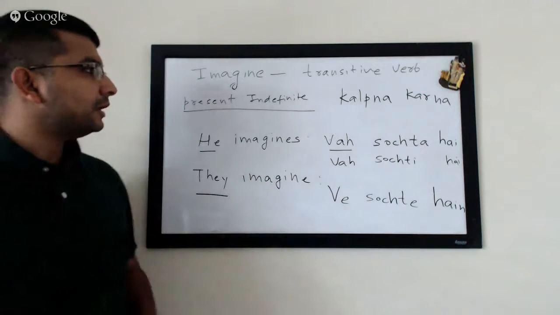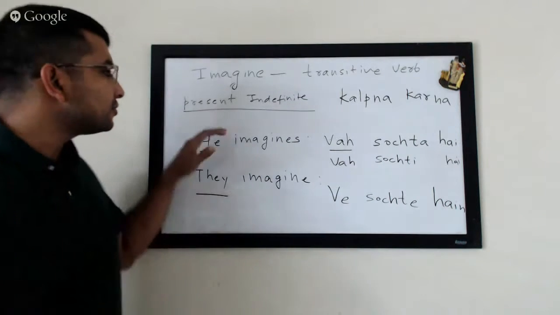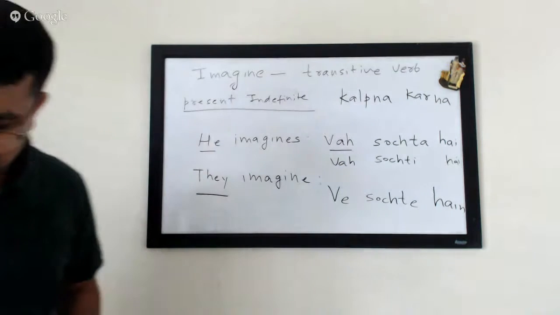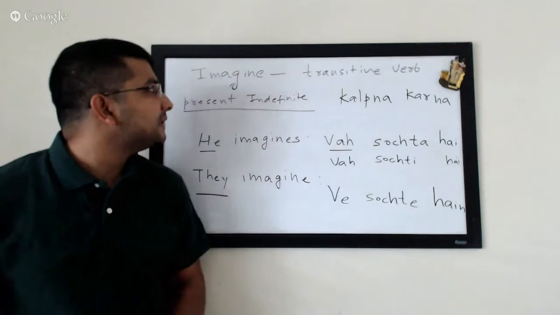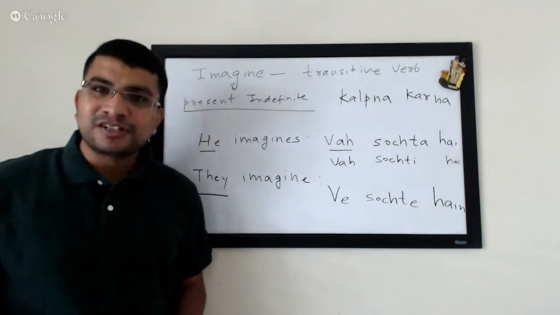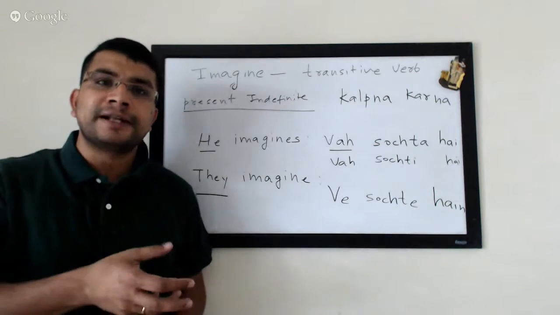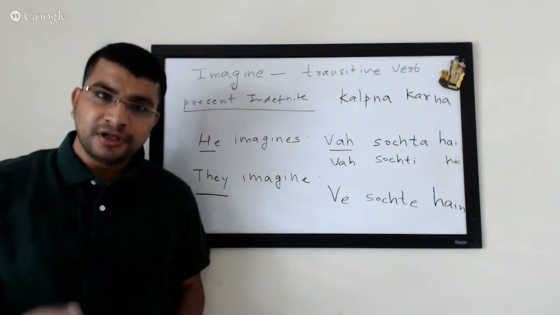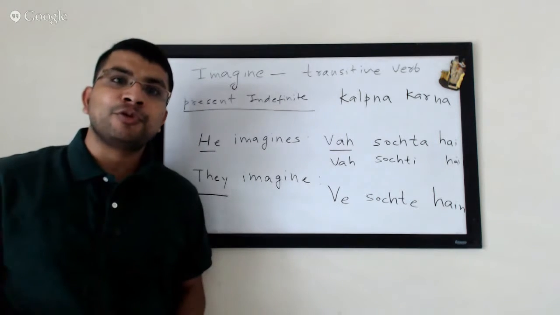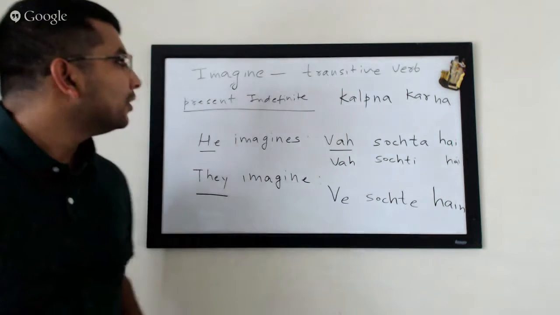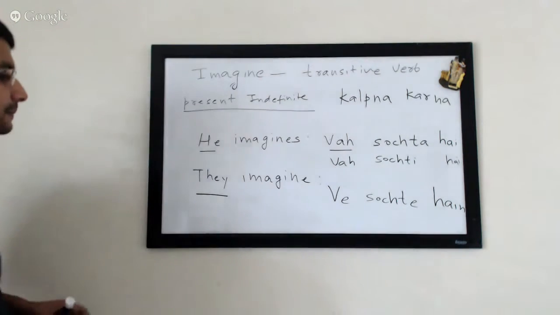Now we'll move to the next part, how to use this verb imagine in other scenarios. As you can probably imagine, by the end of this class, you'll have enough tools to translate the song of John Lennon, Imagine, into Hindi. At least if you don't know it word by word, you will have enough understanding of how to use this verb. Okay.